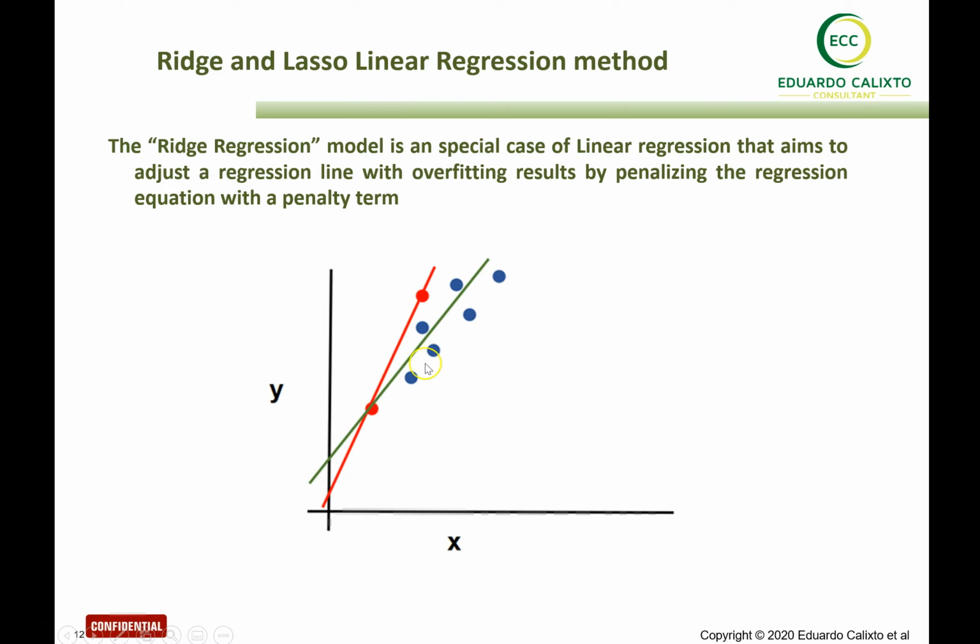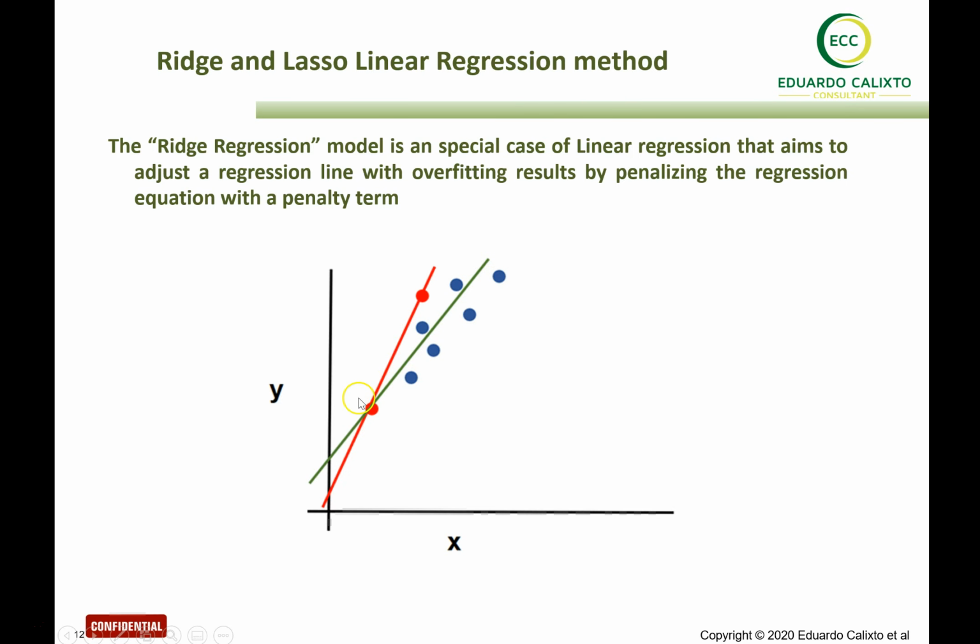However, when new data points are included in this data set, these blue ones here, we see that the line equation that we defined for the initial 2 points has a low bias but high variance considering the blue points.